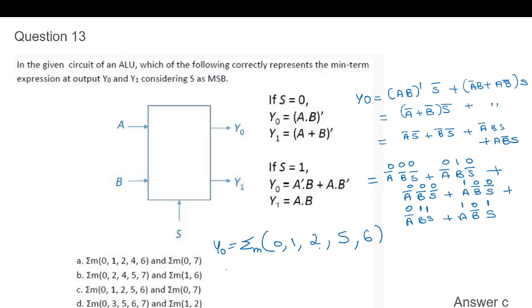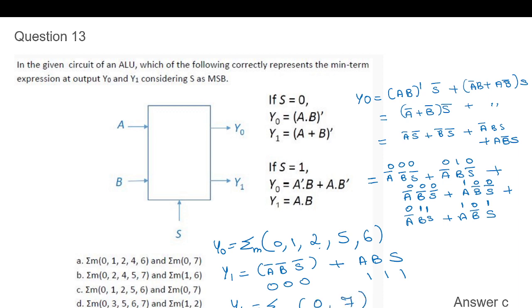And for Y1, what is the value? A'B'S' plus ABS. So this is 0, 0, 0, 1, 1, 1. So Y1 is summation m of 0, 7.